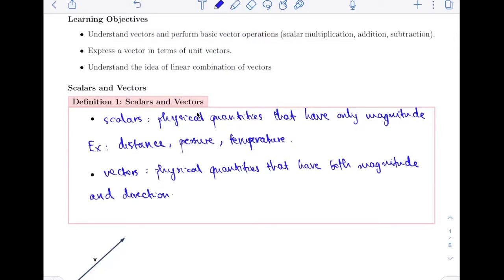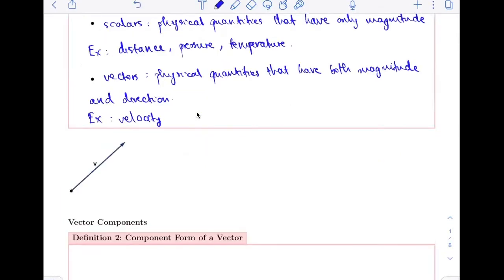If you want to drive your car from home to school, you need the distance, which is the scalar, from home to school, and also the direction that you want to go. In general, this is what you use to describe a vector. A vector requires two things.